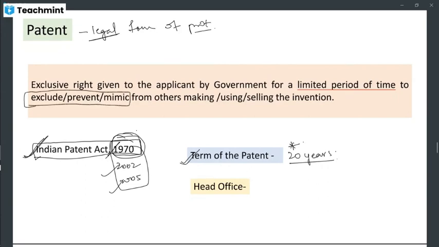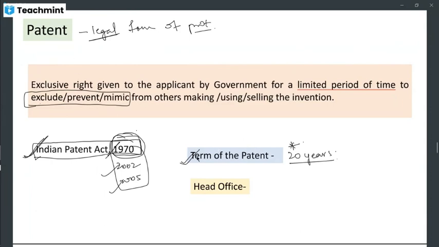For example, if a person has invented a new thing and patented it, another person can use it but cannot make money from it. This legal form of protection prevents other members from making money from it. Only the person who has invented it can benefit from it, and that too only for a limited period of time.